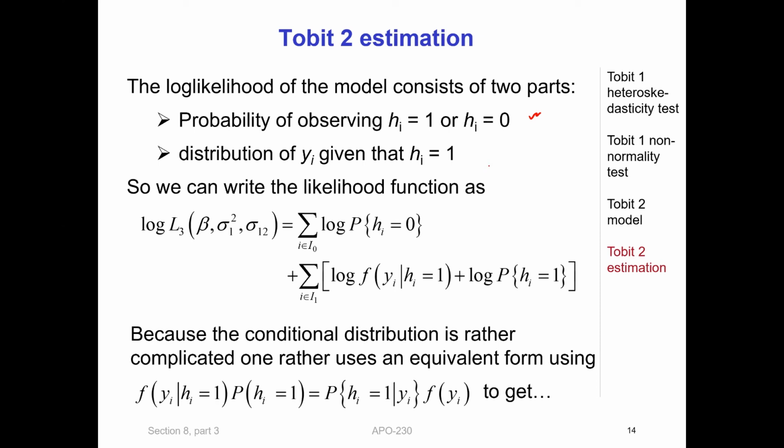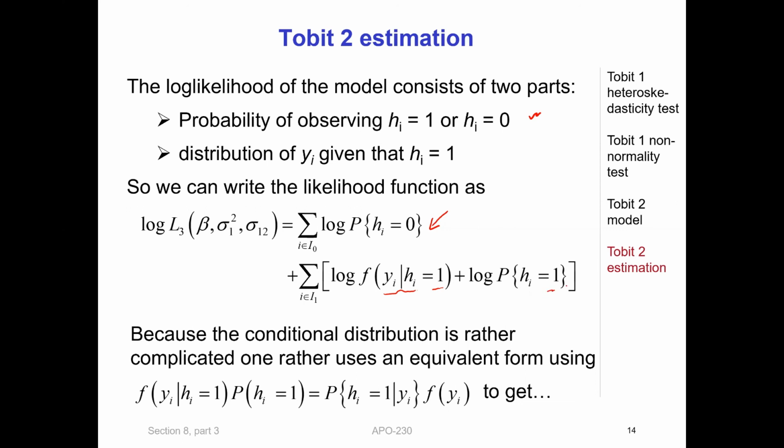So putting everything together in a log likelihood function, we would arrive at this form of function. This is the first part, the probability of observing hi equal to 0. And the second part, for those hi larger than 0, meaning hi equal to 1, we have the log of the conditional density of yi, the wage in the previous example, for example, conditional on hi equal to 1, plus the log of the probability that hi equals 1.